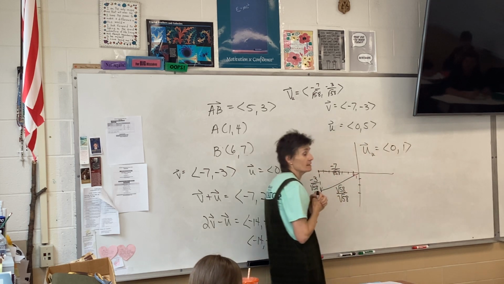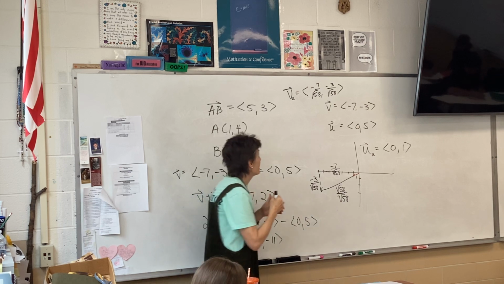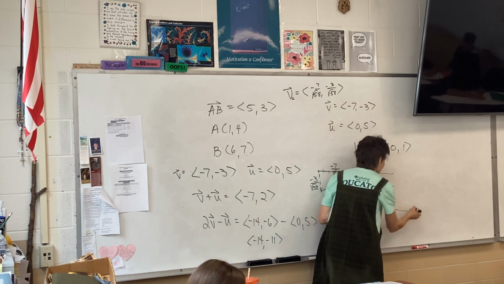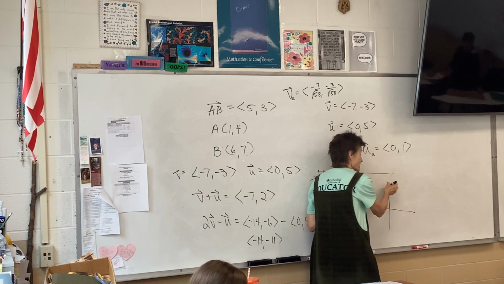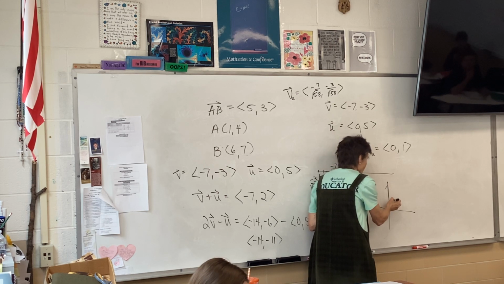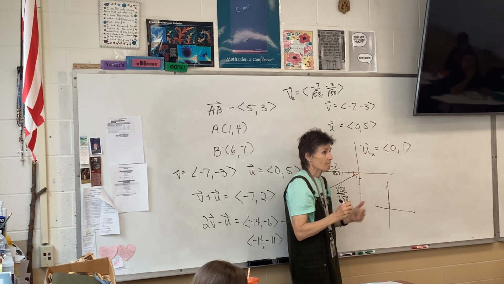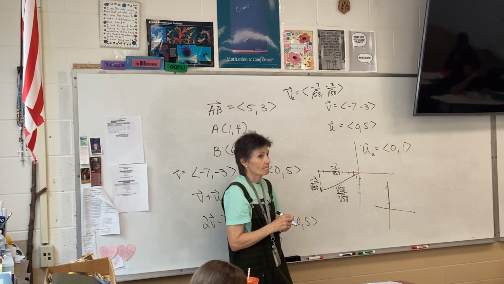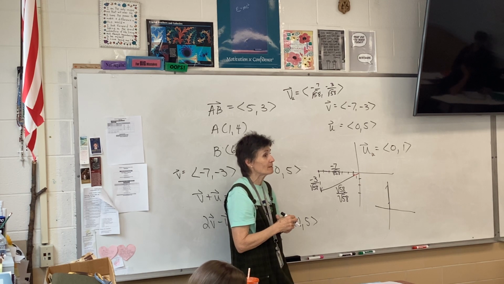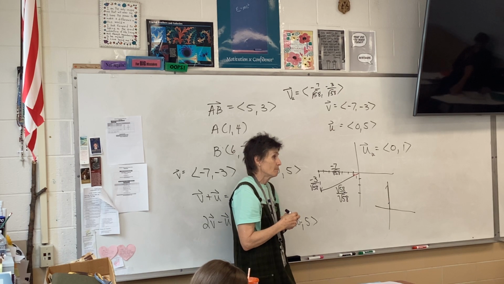Exactly. So we divide by its magnitude. Think about, what does 0, 5 look like? Well, if you shrink that down so it's only 1 unit long, will it be 0, 1? Okay, easy. How do we make a vector a unit vector? We divide its coordinates by its magnitude.